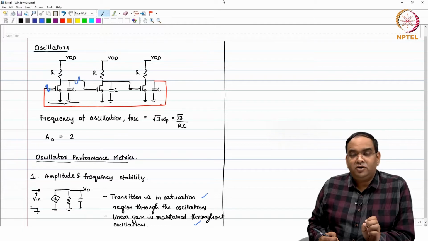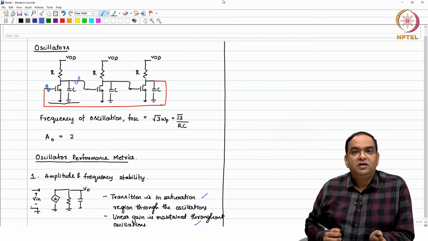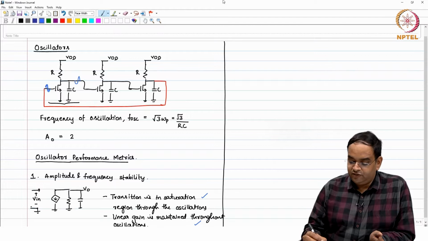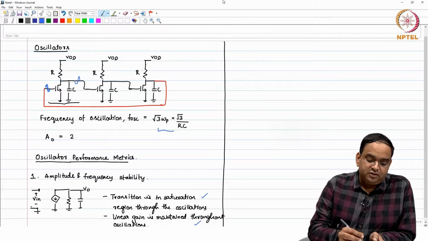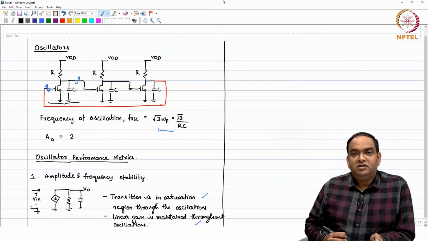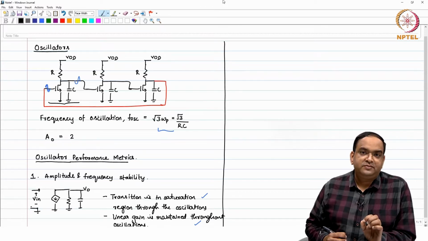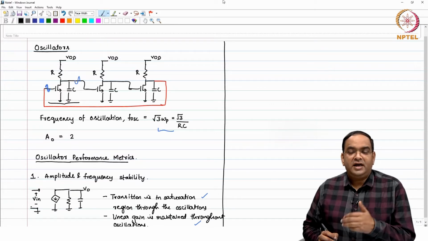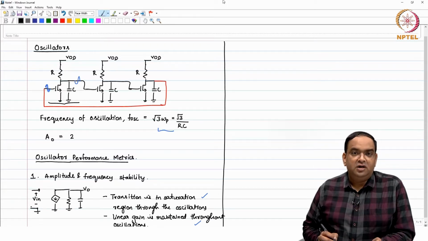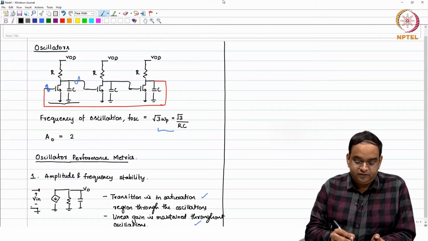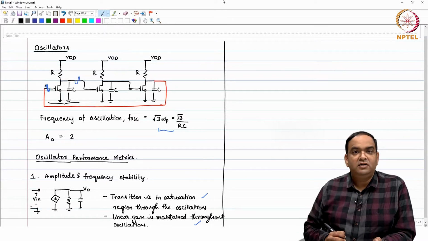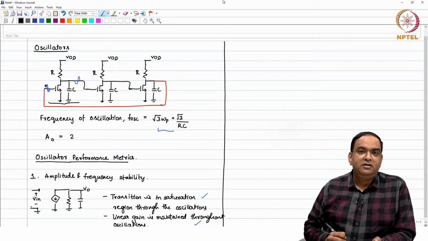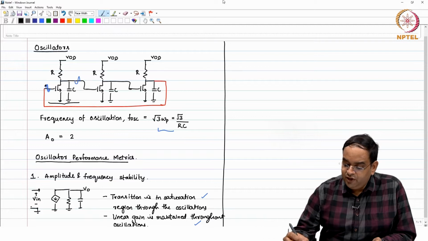If our linear gain approximation is not valid, we cannot write the gain and find the oscillation frequency like this. So, overall we can say the oscillator output amplitude is not fixed, it depends on what kind of signal you have initially, and you can maintain the transistor in linear using a linear gain model.